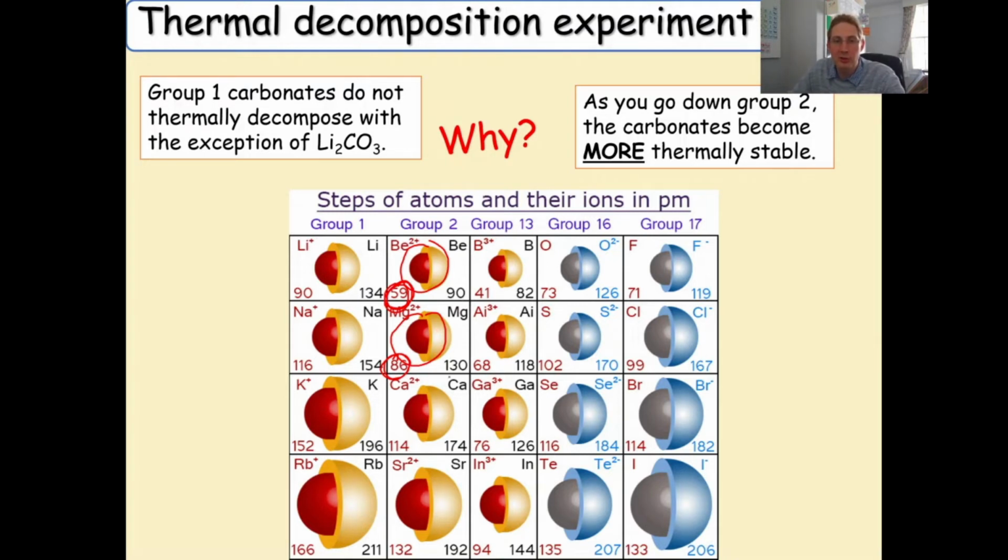Whereas as you go down group 2, they are bigger ions, but they've got the same charge. That charge is spread out over a larger area. So these down the bottom have a low charge density.